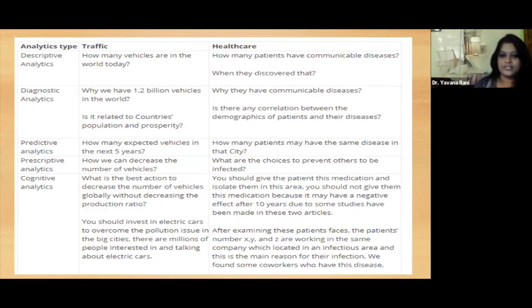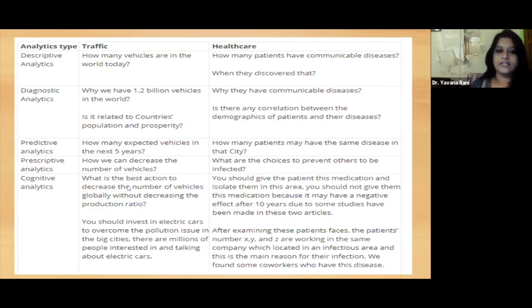What are the choices? So this is about the four major analytics that we use in decision science. Okay, and we build a model. We build a model by using various statistical tools, by regression analysis, as we said. So we build a model, we feed the data into the model, and finally we arrive at a decision.